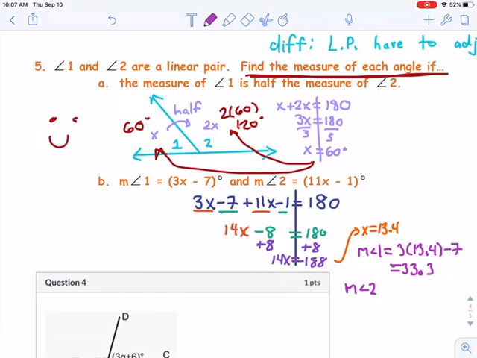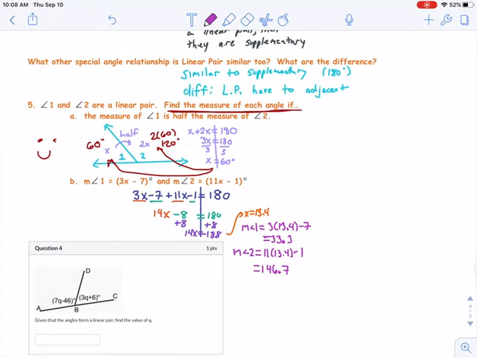The measure of angle 2 is 11 times 13.4 minus 1, which is about 146.7. All right, ugly decimals still check out.